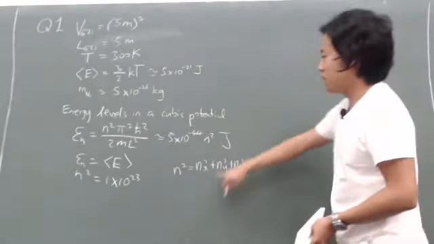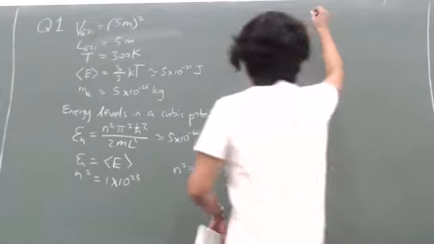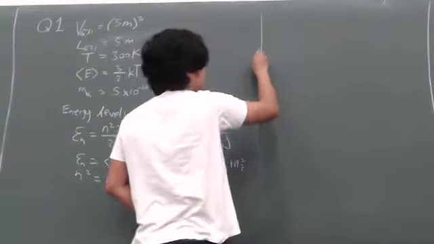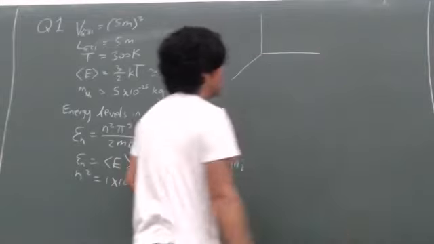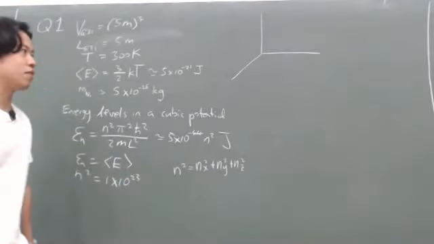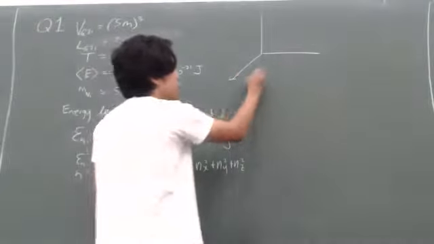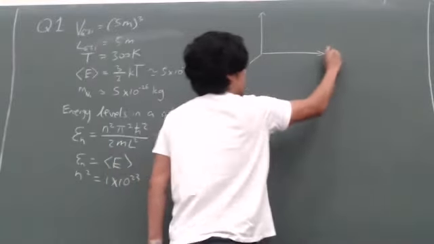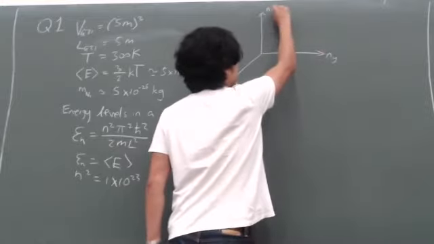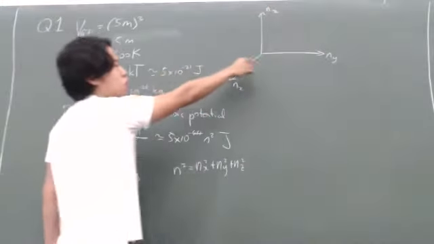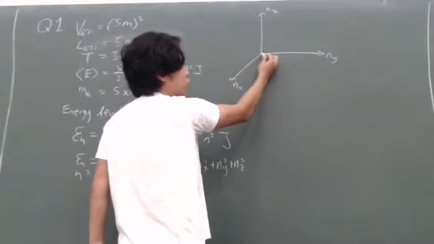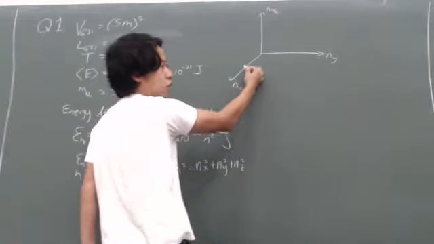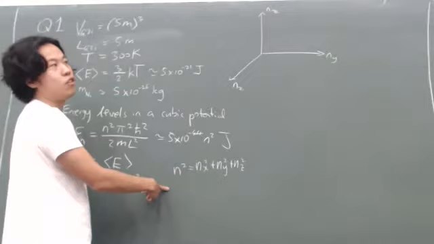The best way to estimate the degeneracy is to consider a 3D phase-space sort of thing. It's not quite phase space, but consider 3 axes: nx, ny, and nz. As you move along this 3-dimensional space, you increment by integers to move up in the energy levels.